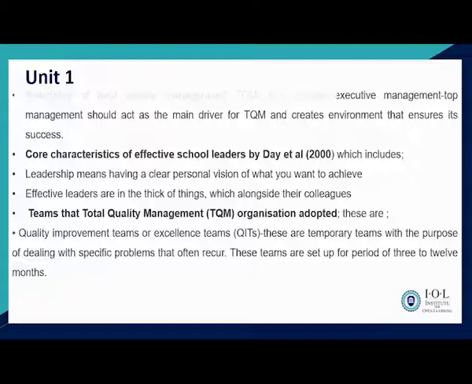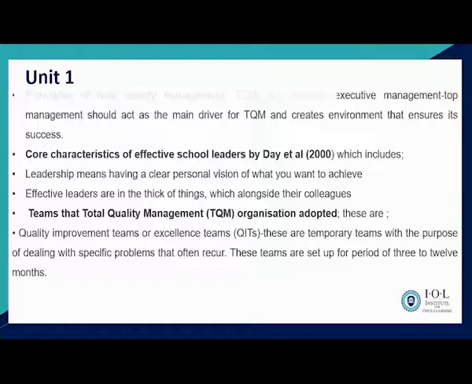Starting with unit 1, I'm going to look at possible topics that are going to be covered in the coming exams. The first thing that you need to look at is principle of total quality management. This includes the executive management or top management, who should act as the main driver for total quality management and create an environment that ensures its success.